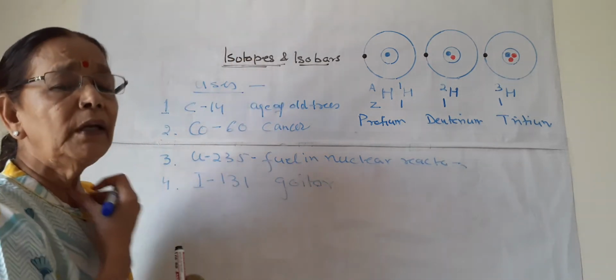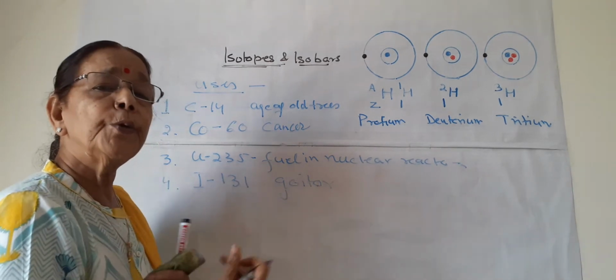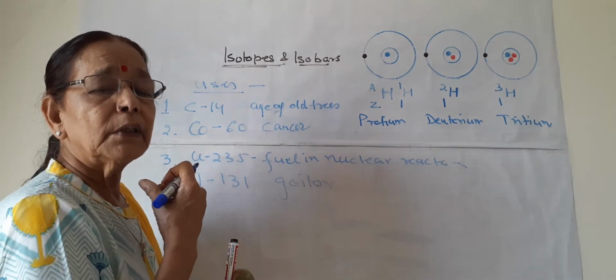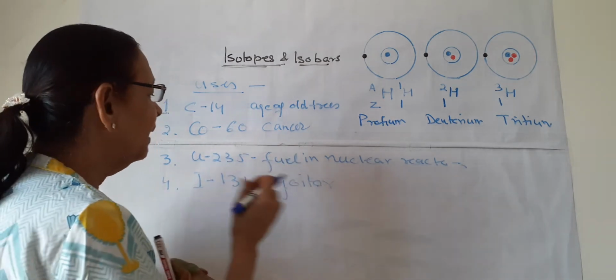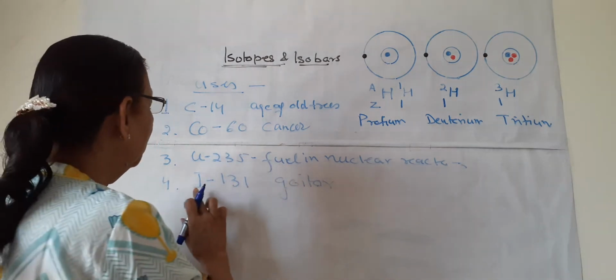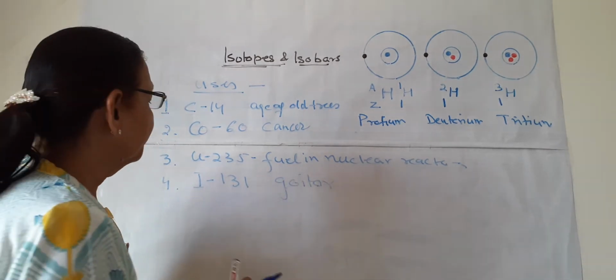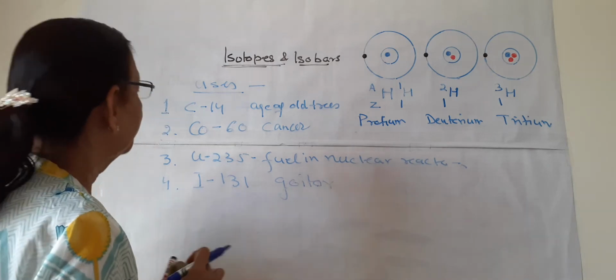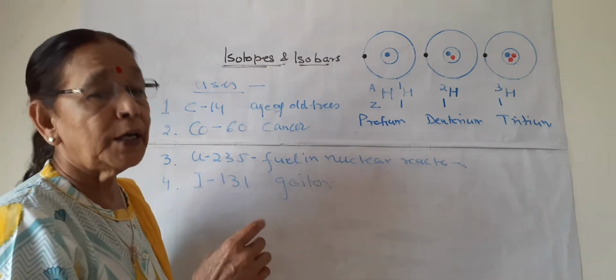You know goiter, when the neck is swollen. Goiter is formed when thyroxine is not formed by the thyroid glands, and iodine-131 is used for the treatment of goiter. So these are some uses of these isotopes.